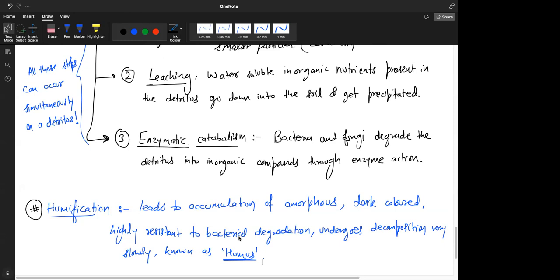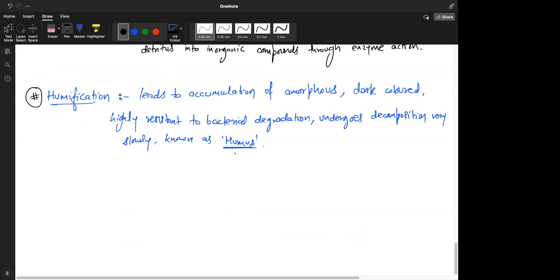One thing about humus that you should know and also remember for your entrance: this is a neat question that was asked, which of the following is described in the sentence below? The sentence was, a colloidal substance which acts as a reservoir of nutrients. That is humus. So humus is colloidal in nature. Colloidal means it is not very soluble in water. It stays as a colloid, suspended.